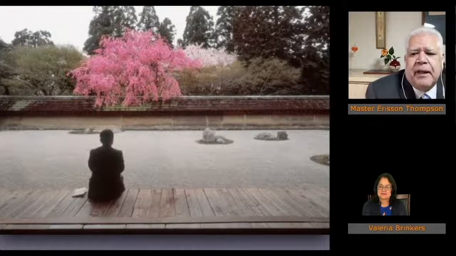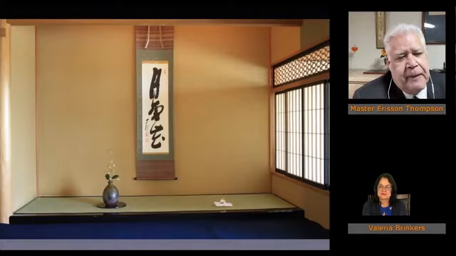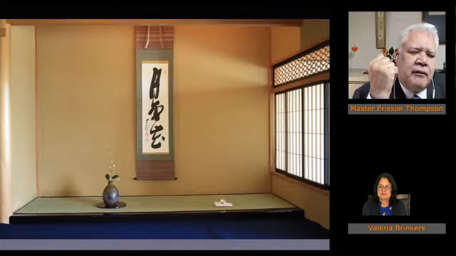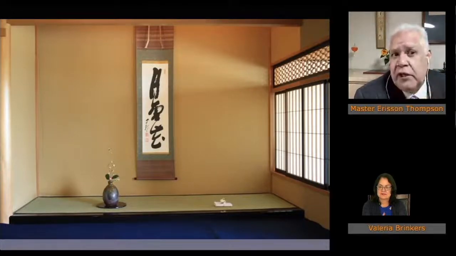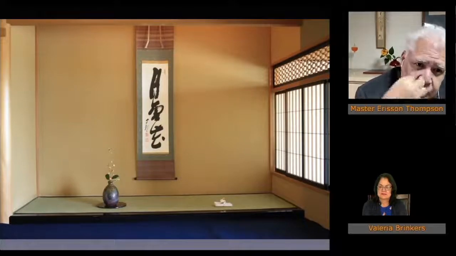Another very important point is simplicity. Based on this concept I talked about now, impermanence, asymmetry, symbolism, we make this moment simple but elegant, taking the maximum of the essence of each thing. The tea ceremony uses this a lot.